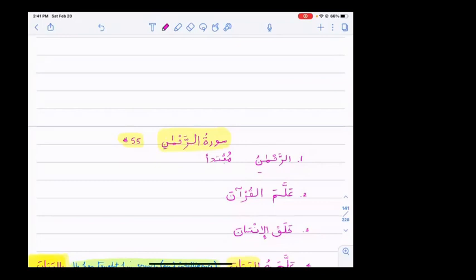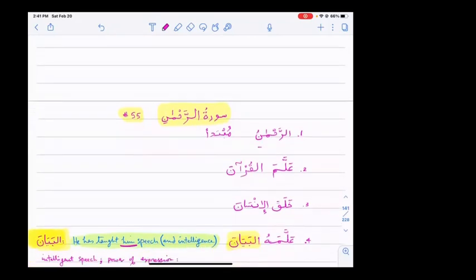Where is the khabar? The khabar is another ayah. Allama al-Quran ar-Rahman. He taught the Quran. Allama, my brothers and sisters, is form 2, bab tafa'il. This is the mafulun bihi, al-Quran.